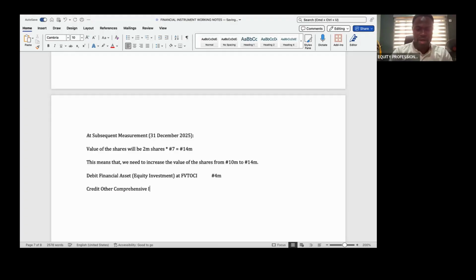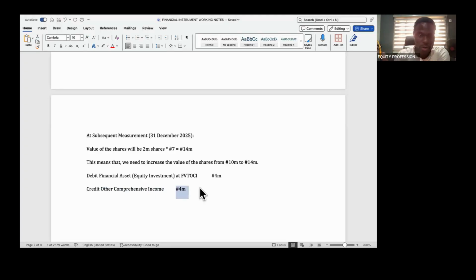And the only reason we are crediting other comprehensive income is simply because we are measuring these financial assets, and also we had classified it at fair value through OCI, which simply means, like Ruma or one student was asking, that whenever there is a change in fair value, that change in fair value will be recognized to OCI, to your other comprehensive income.